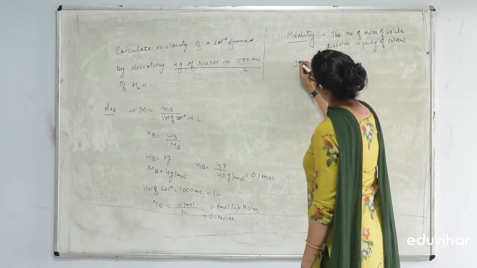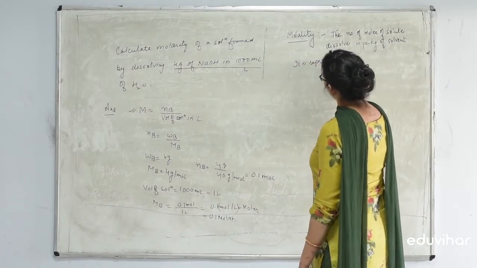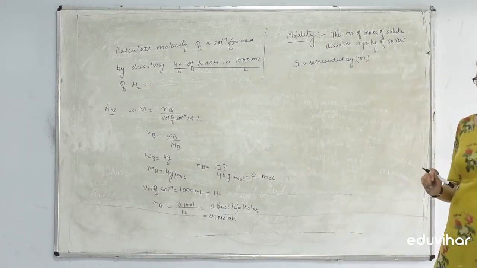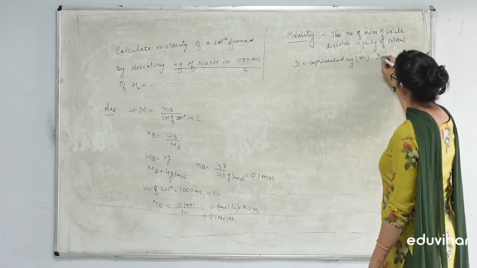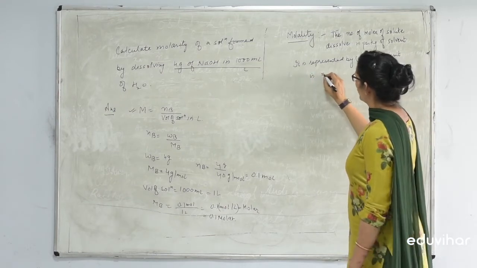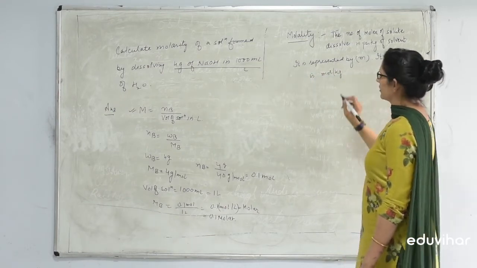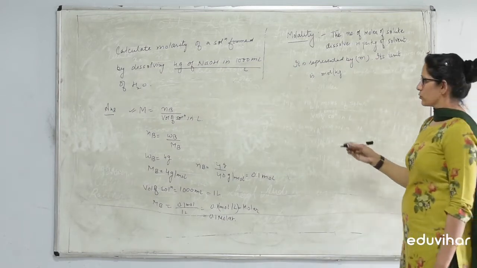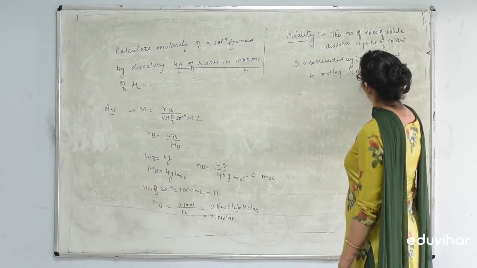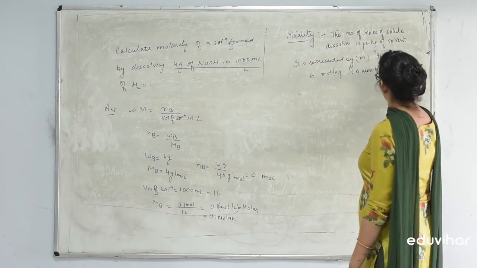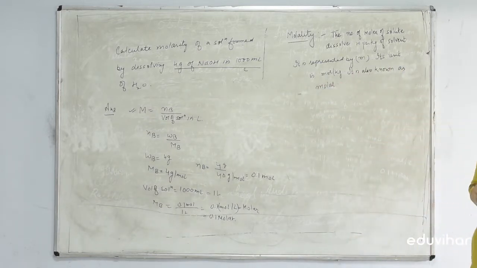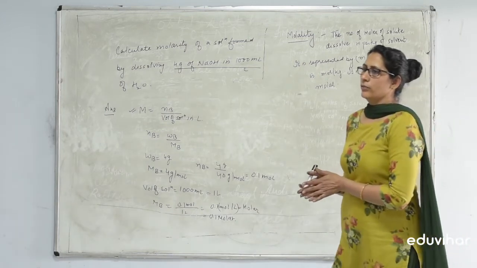It is represented by small m. Its unit is mole per kg, and it is also known as molal.